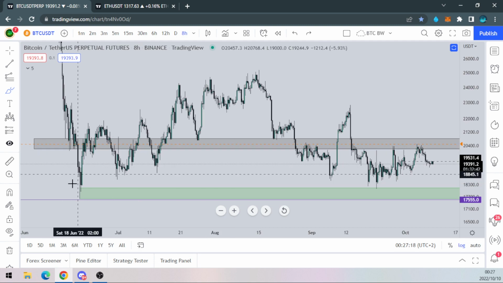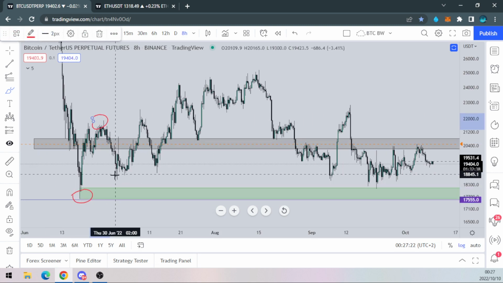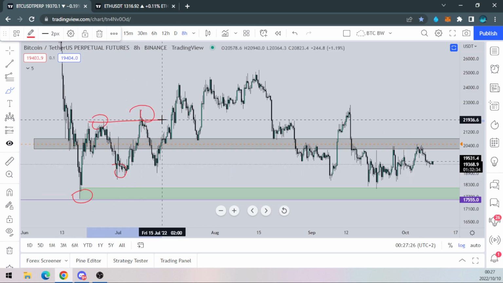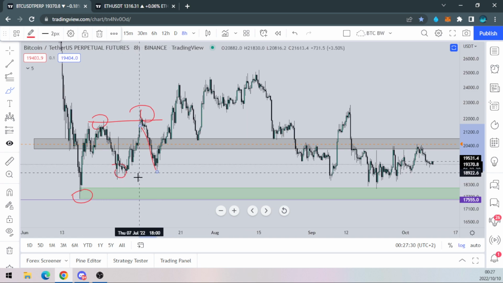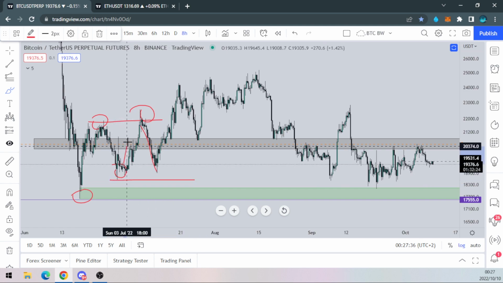Now you can see that we had a low here and high here, higher low, break of structure here. Price pulled back. Now generally what happens is it doesn't have to break this low because it created a smaller pullback within here.